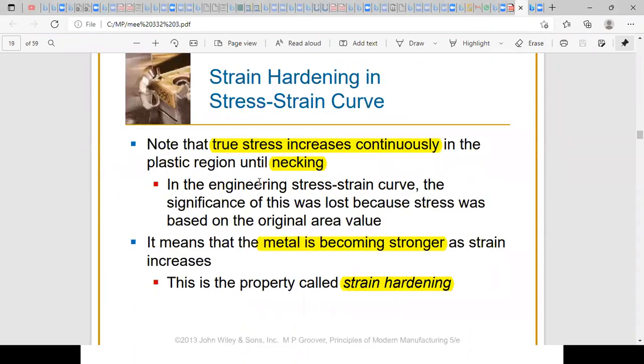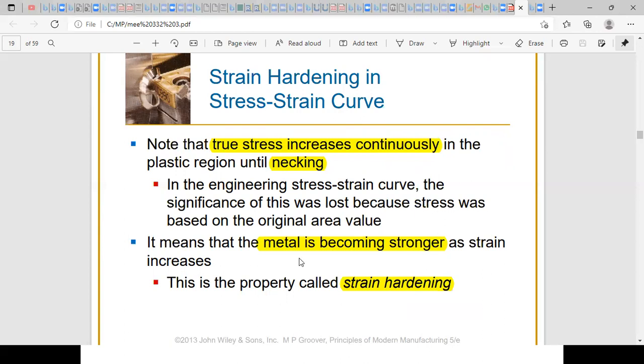As we said, the true stress will increase continuously in the plastic region until necking. In the engineering stress-strain curve, this was lost because the stress was only based on the original area and not on the reduced area. This means that the metal is becoming stronger as strain increases.